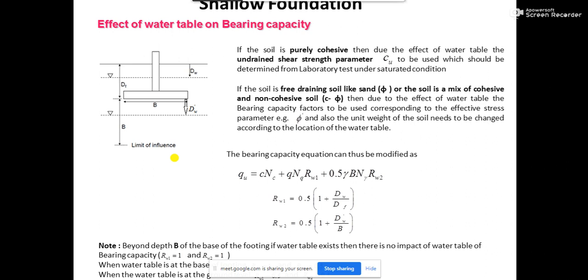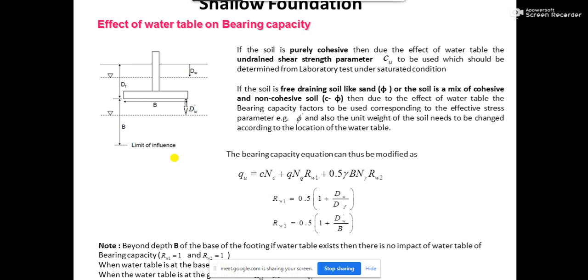In such a case, what you actually have to do is calculate the effective stress parameter, that is phi dash. Phi dash means the effective angle of internal friction of soil, and along with that you need to change the unit weight of soil.